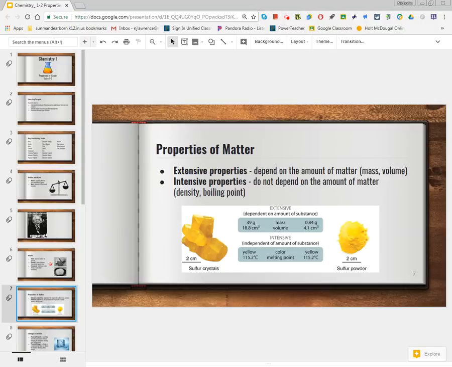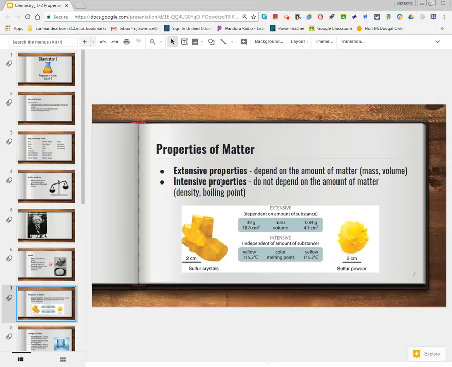takes up. Intensive properties are things that are true no matter how much of that substance you have. So what is true about this and this? Well, it's true that they're both yellow. Therefore, those are intensive properties. It is also true that these two have the exact same melting point. That means if we want to turn these into liquid at the temperature 115.2 degrees Celsius, both of these would turn into a liquid.